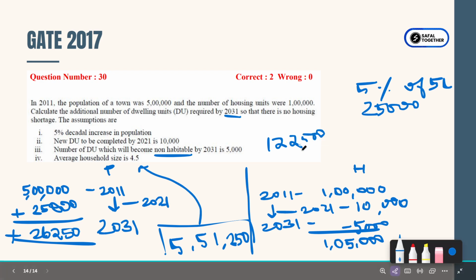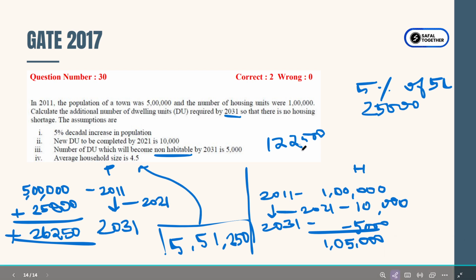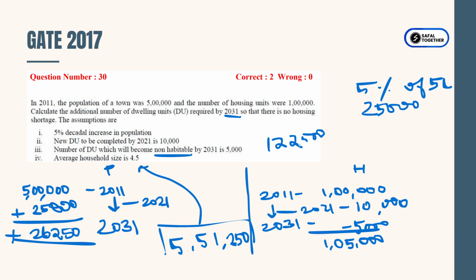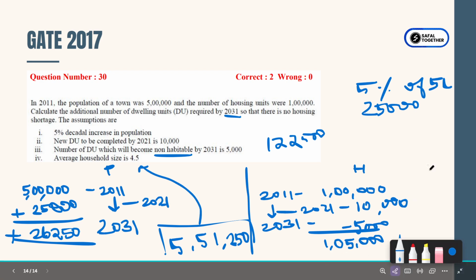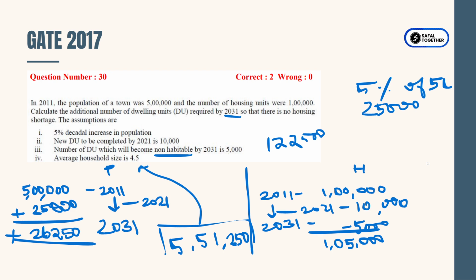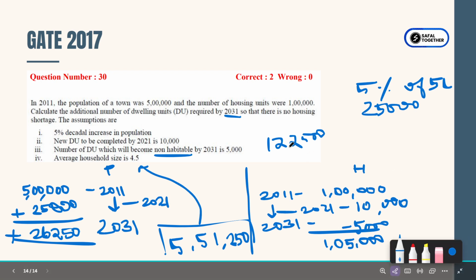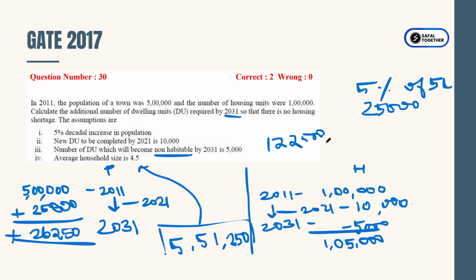So what we would need is 1,22,500 units. Currently, we have 1,05,000 units. So you subtract 1,05,000 from 1,22,500, and you automatically have your deficit.